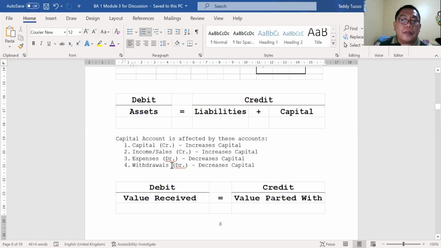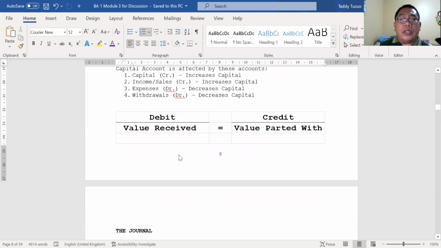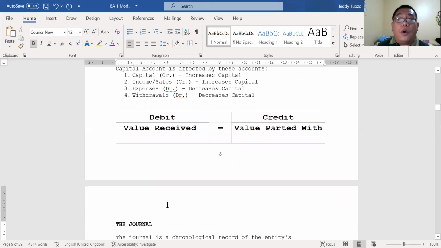Okay. Or, simply put, as I've said, you need to learn that all value received is equal to a debit entry and all value parted with is a credit entry. Let me go back: value received is either an asset or a benefit. Like an expense.